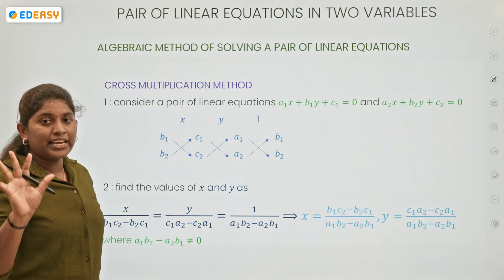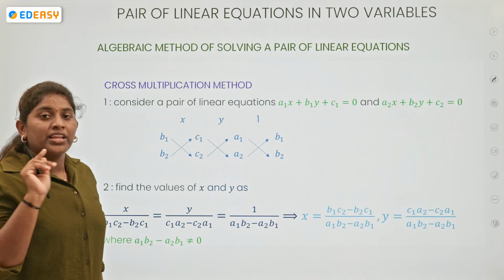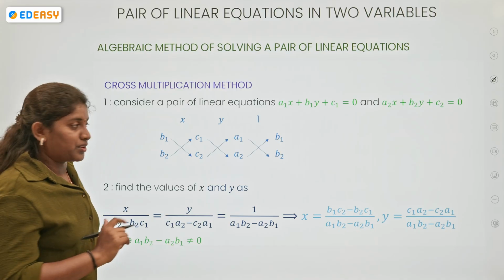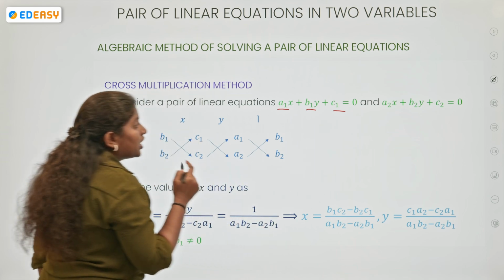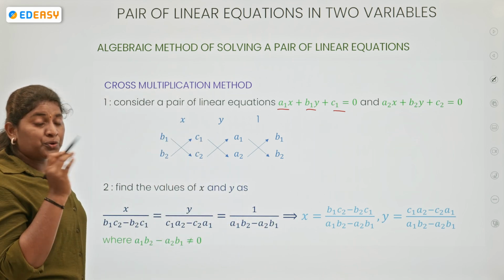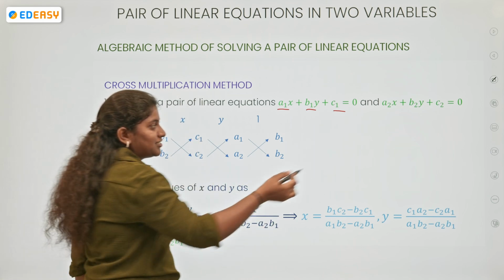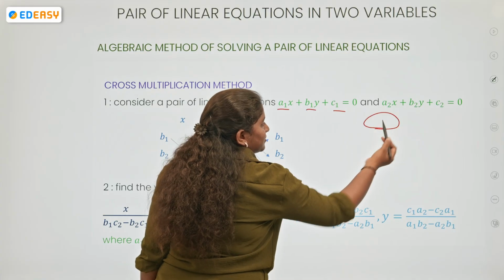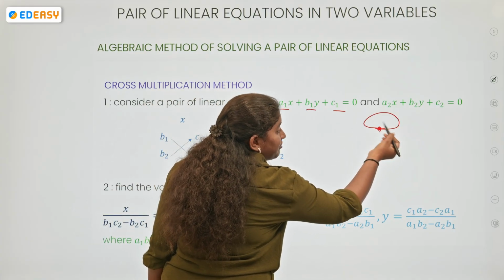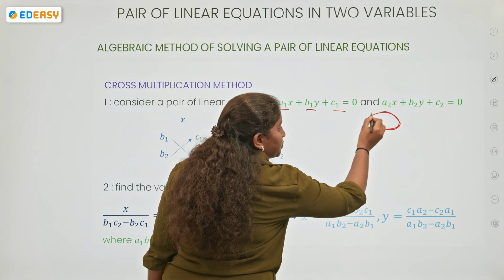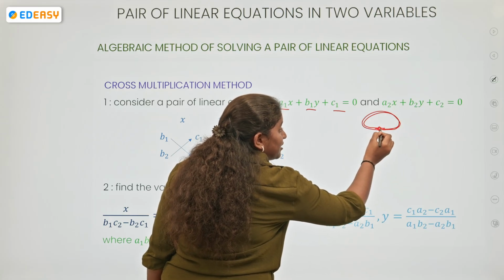First of all, take the coefficients of your x and y, that is a1, a2, b1, b2, c1, c2. How will we write them? You know the anti-clockwise direction, right? If I start from here, I will move anti-clockwise and end with this.